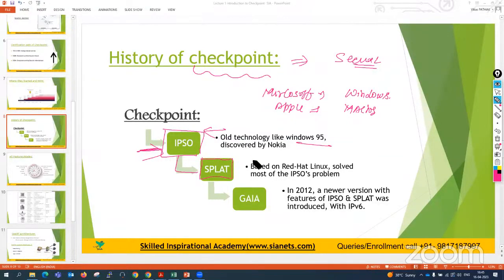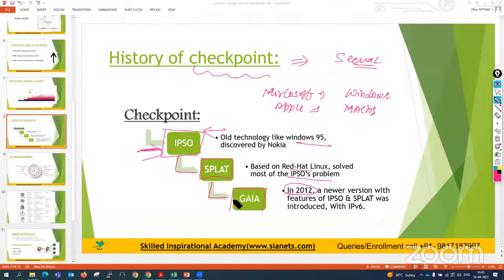This Splat was developed on Red Hat, and it solved a lot of the problems that were there in IPSO. Now, this Splat was also not up to the mark, and there were a lot of bugs on Splat.